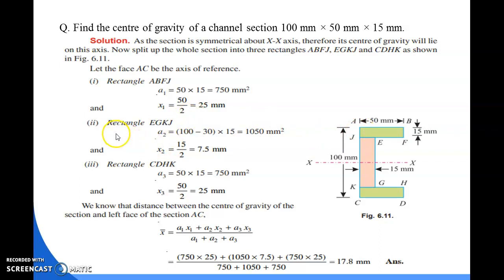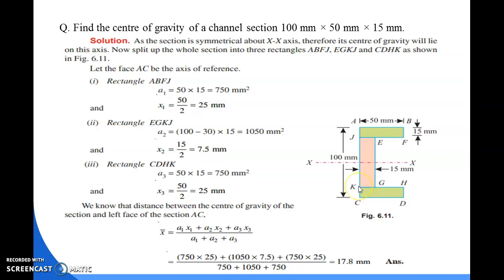For the second section, that is the web portion, that means this one, the area of this section will be B into D because it is also a rectangular portion. So here the value of B will be 100 minus 30 because the total height of the channel section is given. So for this section we need the distance from here to here.